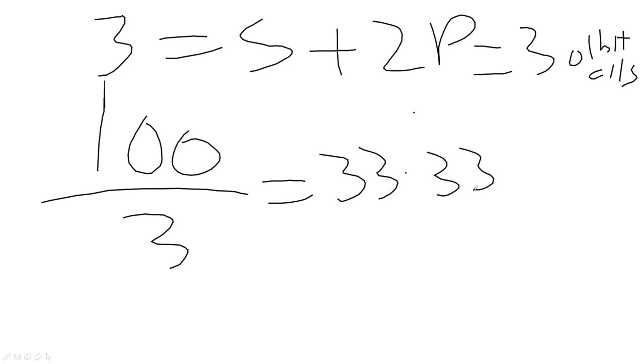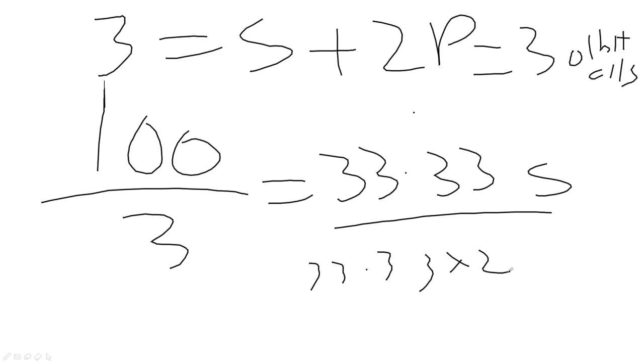So this 33.33 is going into three places. This can be given to s. Then 33.33 times 2 can be given to the 2p, and that's 66.7.